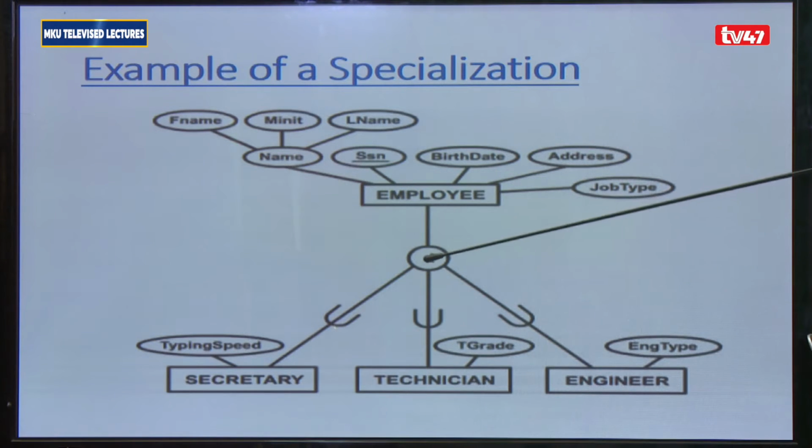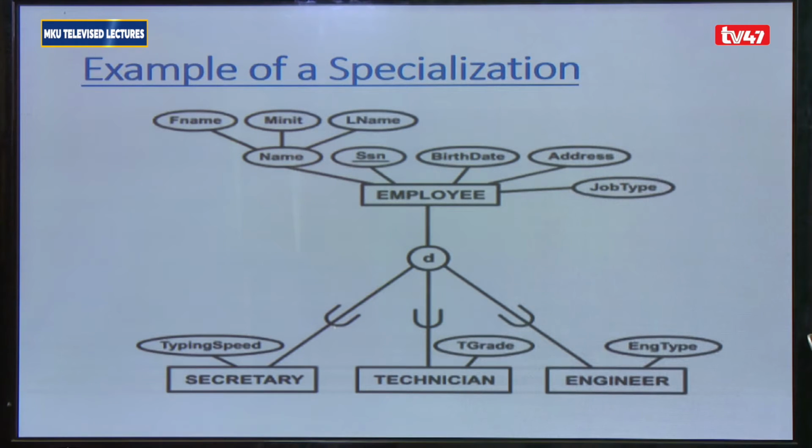And then we have the technician grade, because the technicians would have different grades and we would like to store that in a database. So we have a specific attribute that stores the grade of a technician. Then the other thing that we'd like to store for the subclass engineer is the engineer type.